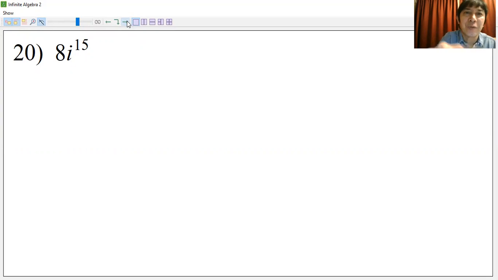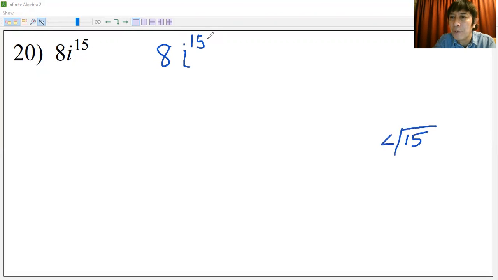So if you're going to simplify 8 i to the 15, you will just divide that exponent 15 by 4. Always divide it by 4 because you have that particular i, then -1, -i, and +1. So you divide this by 4, you will get another 3, and then you have here 12, and the remainder here is 3.